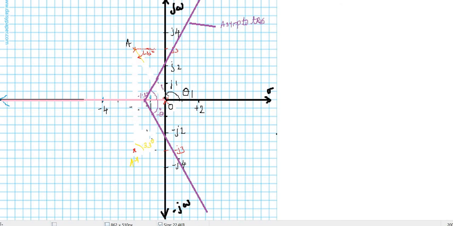Now we can draw a straight line corresponding to that point. So corresponding to the complex pole A, the angle of departure is minus 33. Corresponding to the complex pole A complement, the angle of departure is plus 33. So we have plotted two angle of departures here.